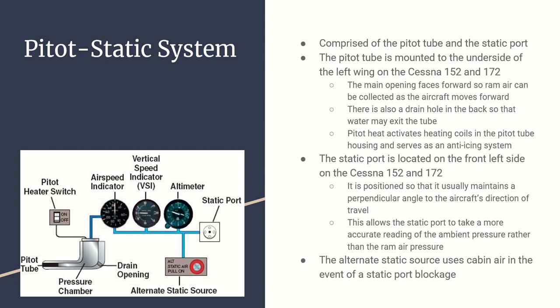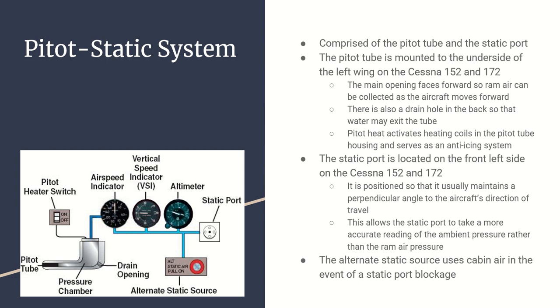So what I'm trying to say is if we don't have that static port connection, it's not going to do a good job of giving us an accurate reading for airspeed because of the change in air molecule concentration as altitude changes.